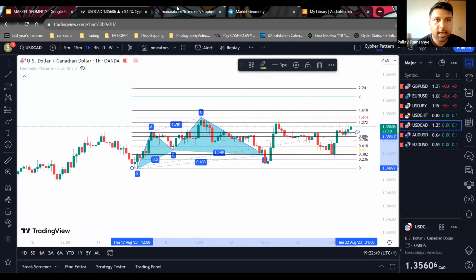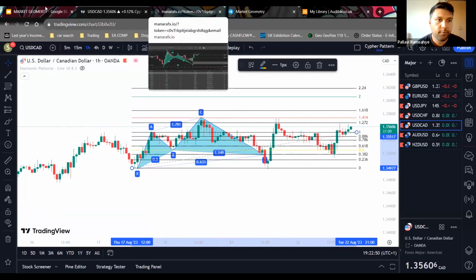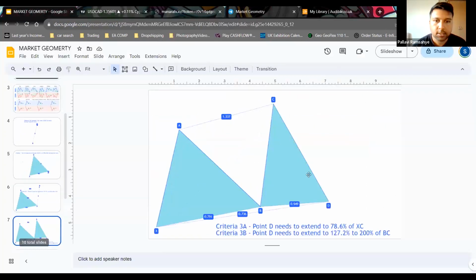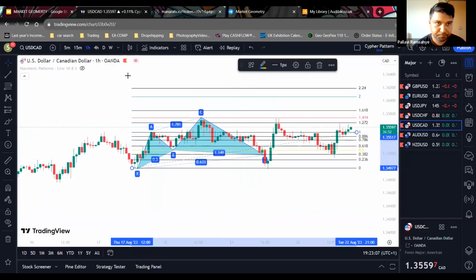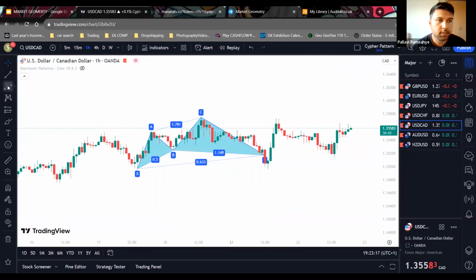And then for the last one, for point D, remember that there's two different types of criteria that need to be met, okay? So D needs to extend to 78.6% of XC. So we're gonna remove our replacement tool because we're doing X to C. So let me just place that again.